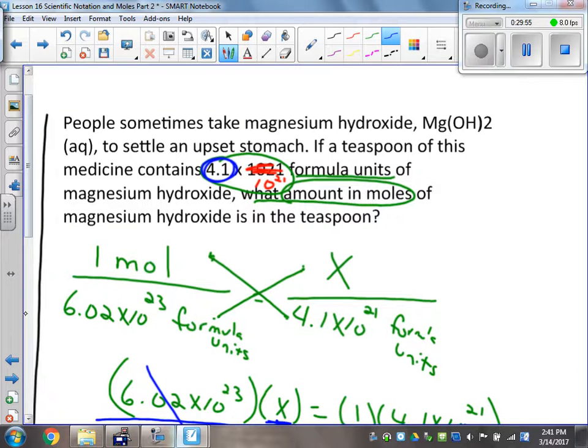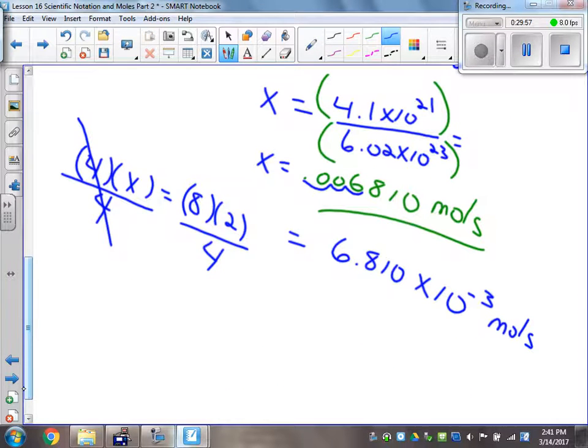So I have 2 there, so my answer should be 6.8 times 10 to the whatever. So 6.8 times 10 to the negative 3 moles may be the best answer.